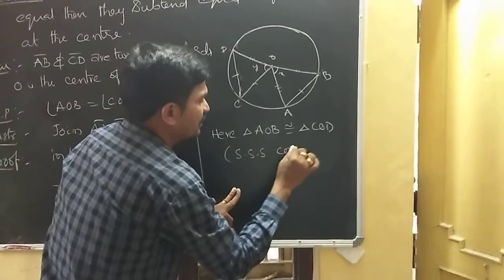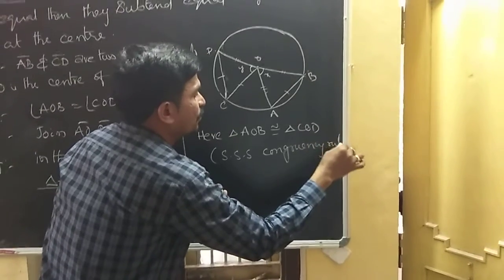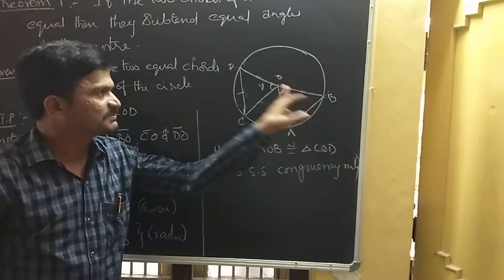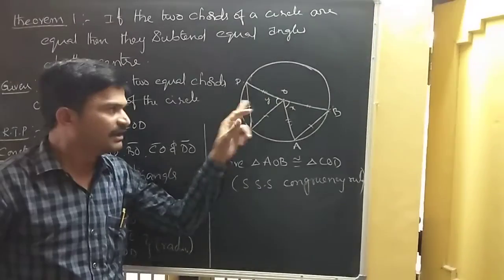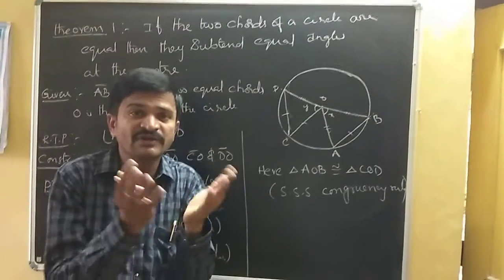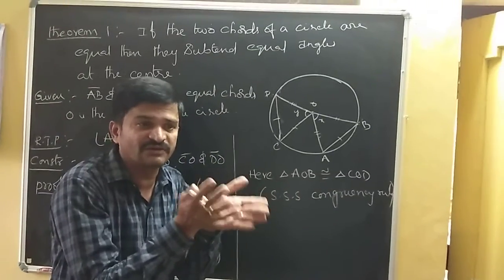SSS congruency rule. If three sides of one triangle are respectively equals to three sides of another triangle, then we can say that those two triangles are congruent. When the two triangles are congruent, what we can say that the corresponding parts of congruent triangles are equal.